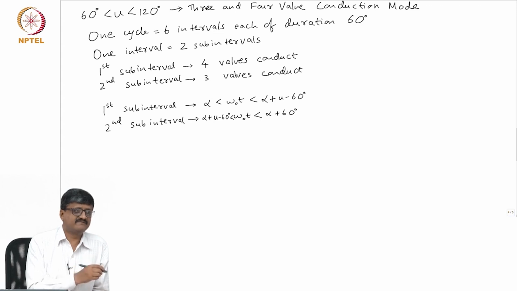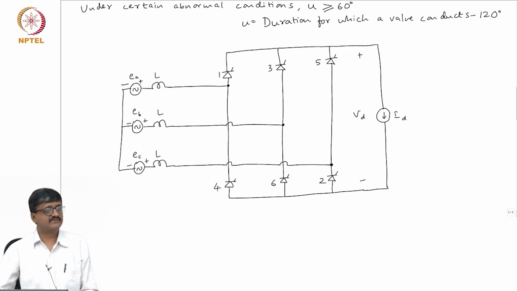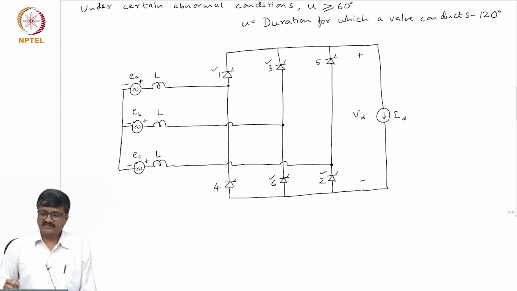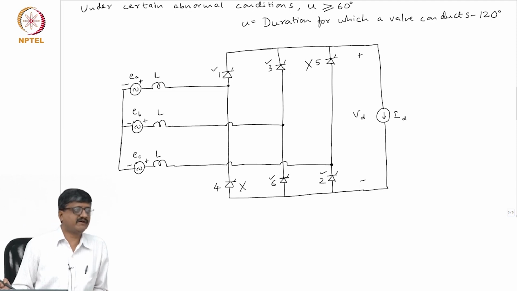So, which 3? Valve 3 is turned on in the first subinterval, so the other valves which are already conducting are 6, 1, 2. So, that means I need not show 5, I need not show 4.